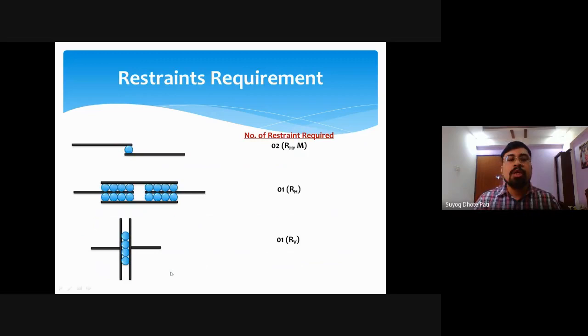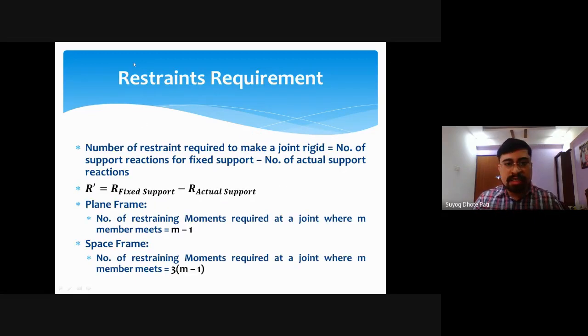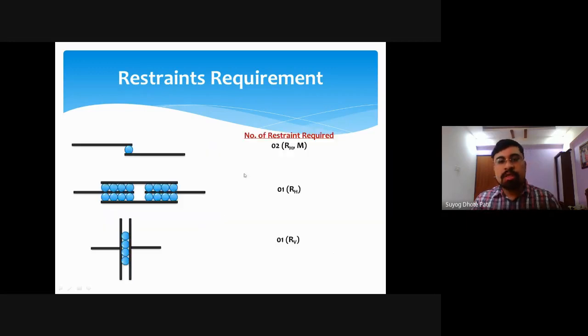Similarly, there are also some other conditions. Suppose this is a beam, this is a beam, this is a beam, and this is a roller support. If I apply a force on this assembly, this roller can move in a horizontal direction.